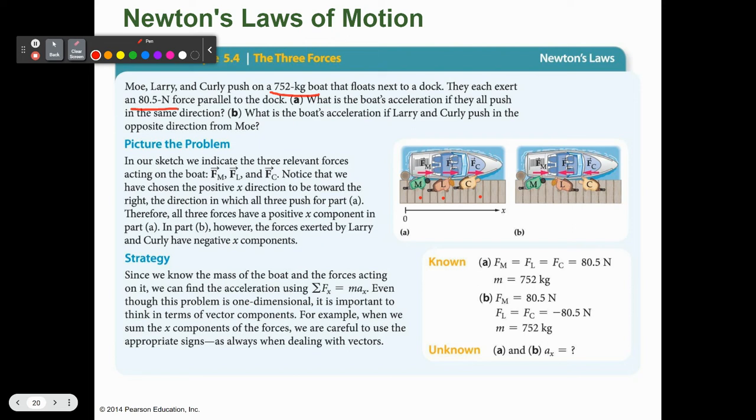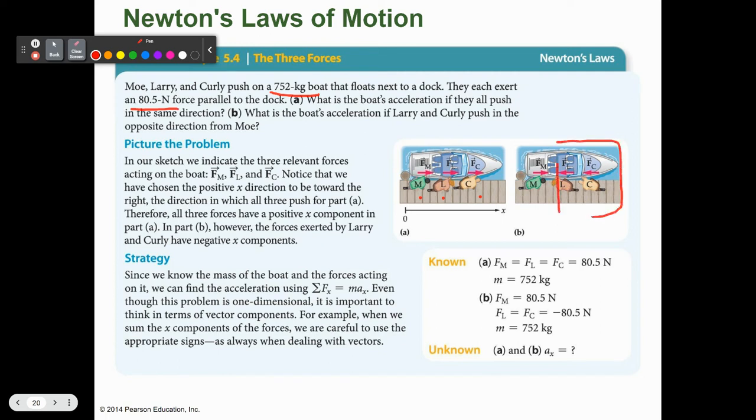Notice that we have chosen the positive x direction to be to the right. So in the first one, they're all three pushing to the right. All three forces have a positive x component. In part B, let's look at this a little carefully.